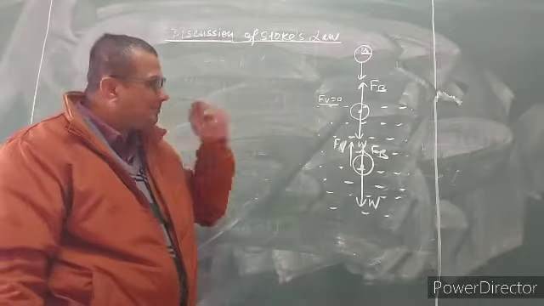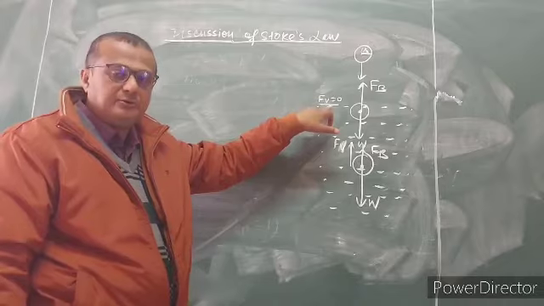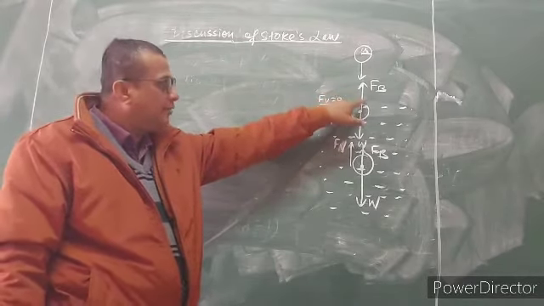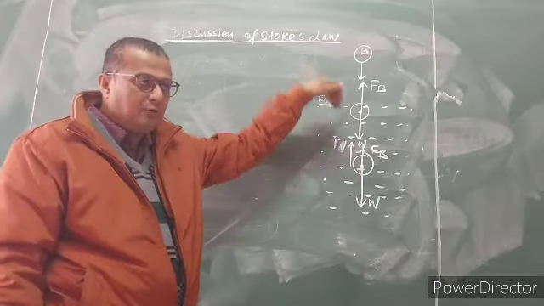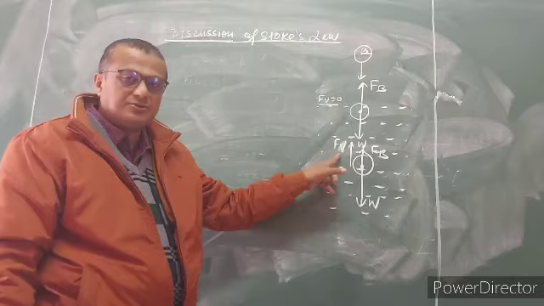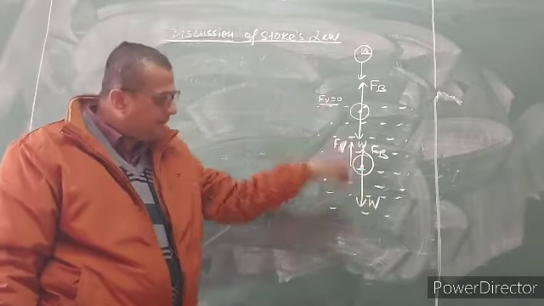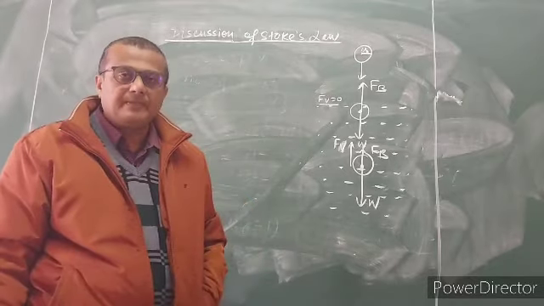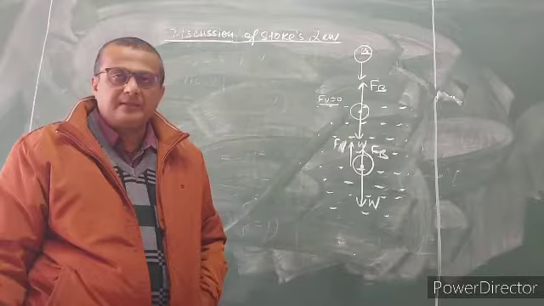Once more, initially viscous force will be 0. At that time only two forces are acting, but when it goes down, the viscous force and buoyant force acting in the upward direction will be equal to the weight of the body. At that time, the body will come in equilibrium.